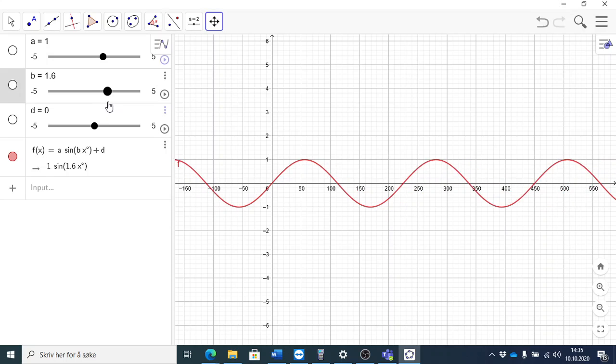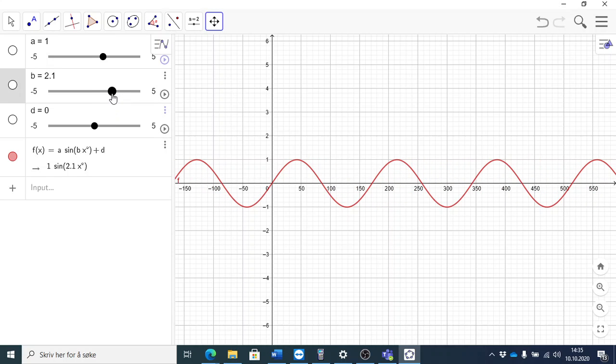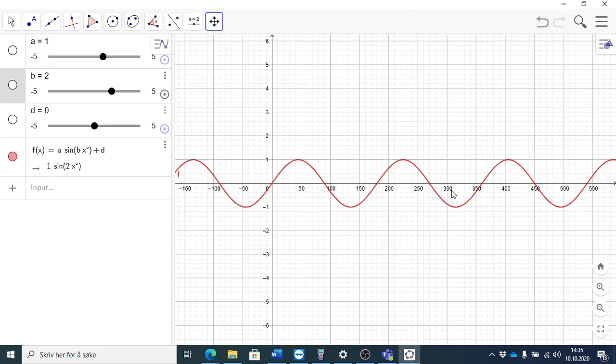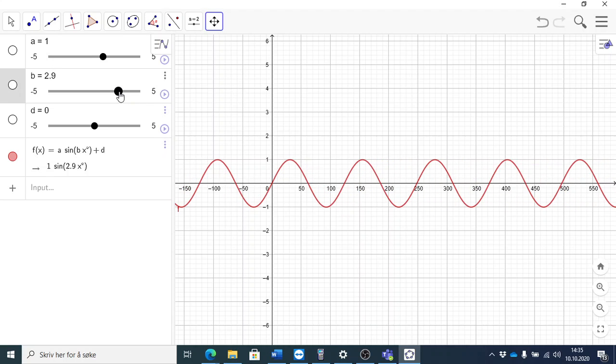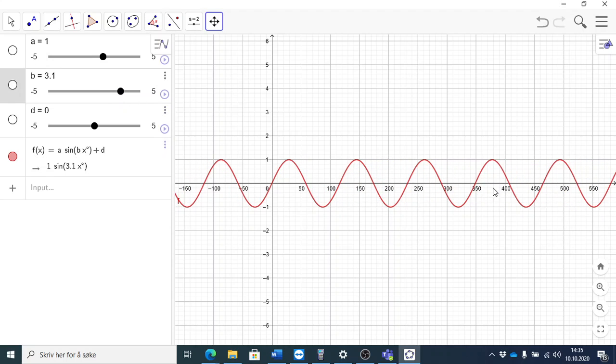If I change this to 2, so we have a b value of 2, you can see that, okay, we have to move 2 periods to get to 360. So it's a multiple of the number of periods you can get within 360 degrees, or within a full circle. If I set this to 3, I get 3 periods within.